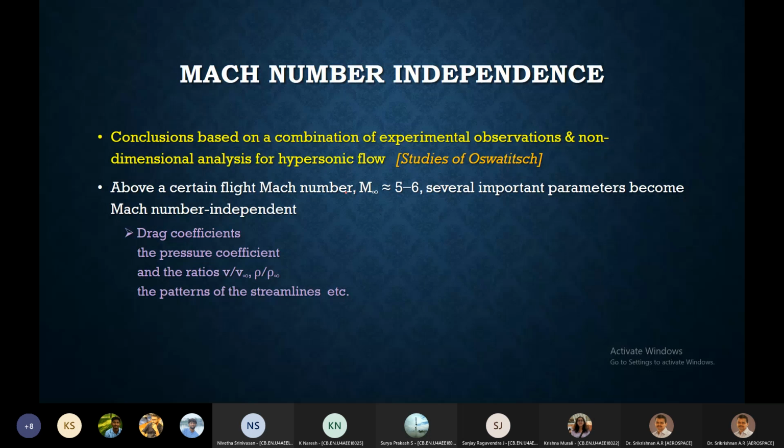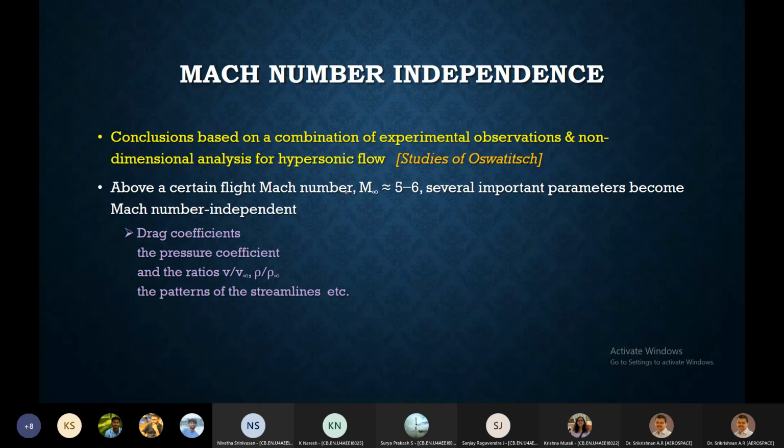I can express all of them using the non-dimensional pressure variable, which means that all the non-dimensional aerodynamic coefficients can also be independent of Mach number. Now, this is an important observation.